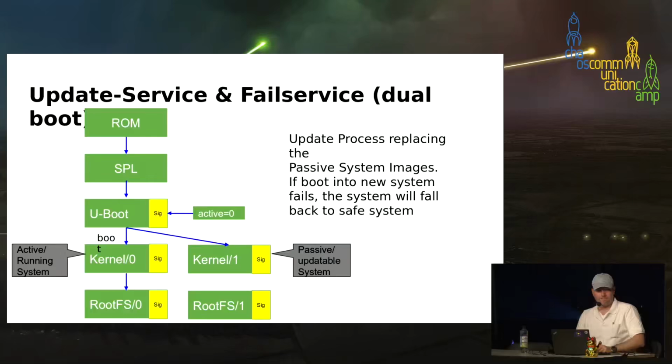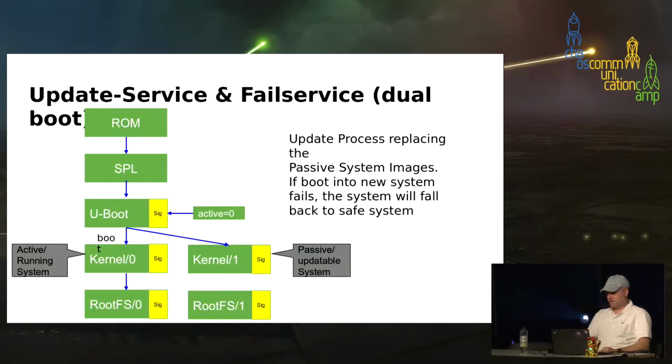A fail-safe mode should always be possible. The system will realize that the active image is not working, and it should fall back to the recovery system, or the previous image that ran properly.